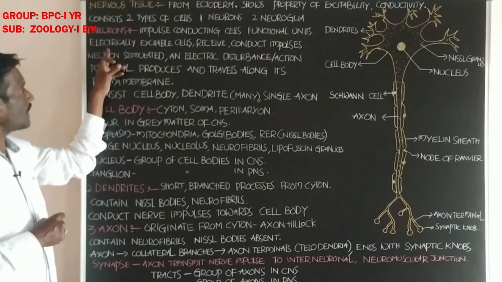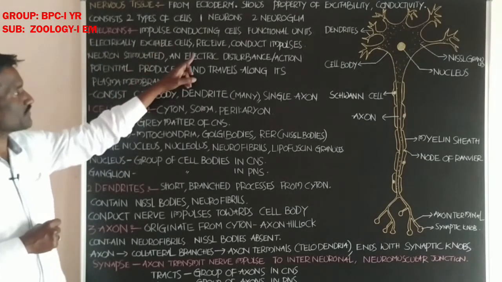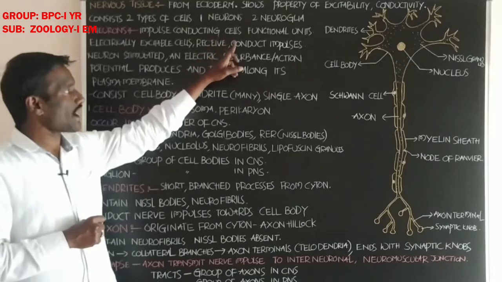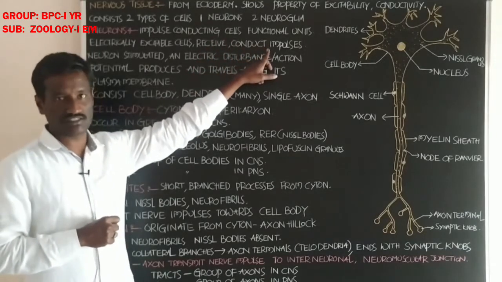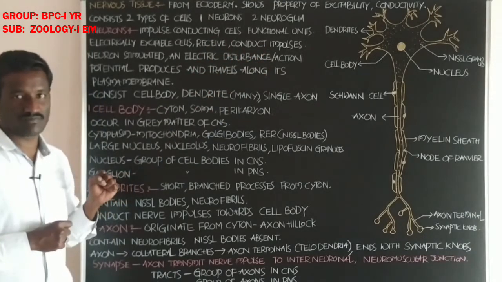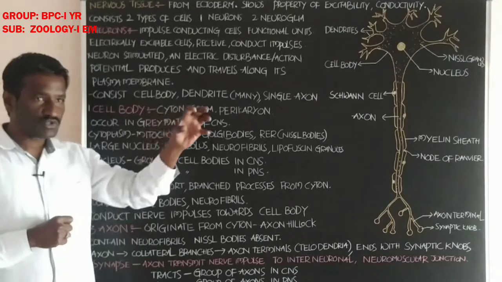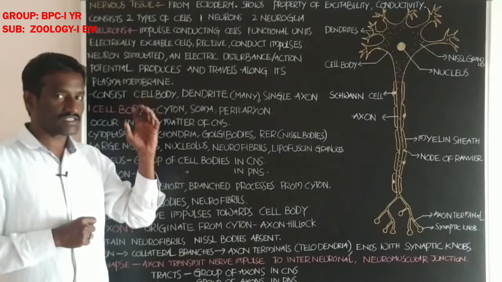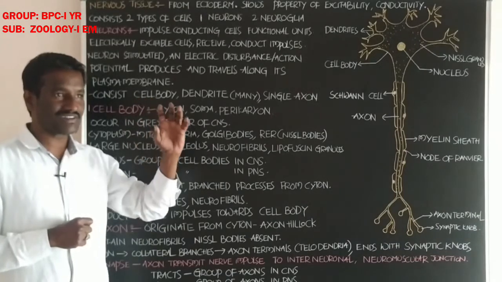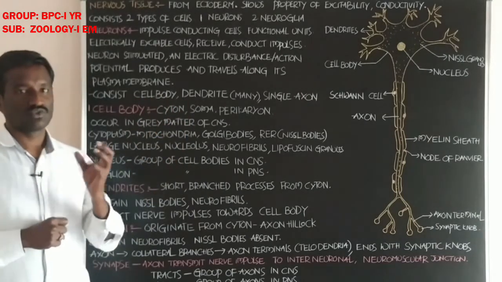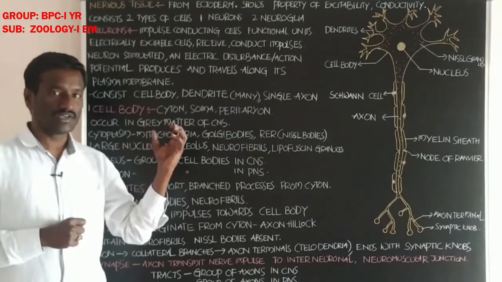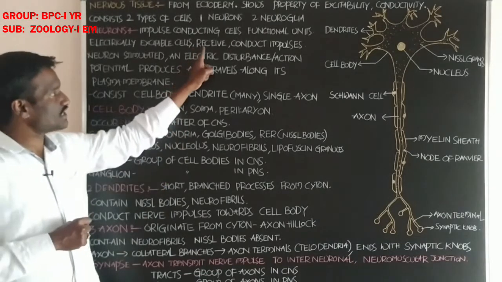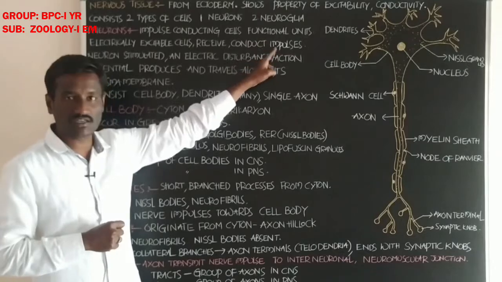So these are called electrically excitable cells. They receive and conduct impulses. They receive stimuli in the form of impulses, and at the same time the impulse is conducted through the body, through the cell. So they receive impulses and conduct impulses.